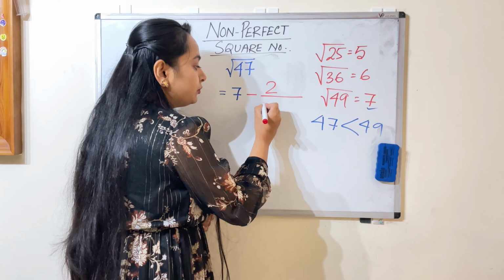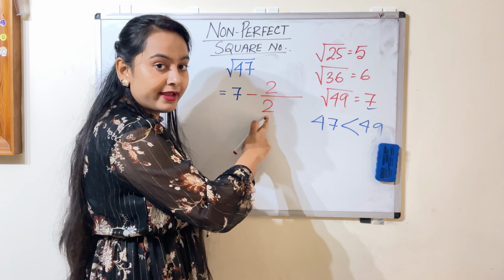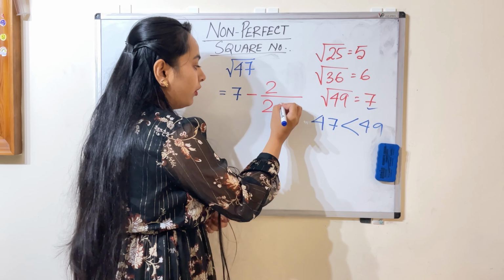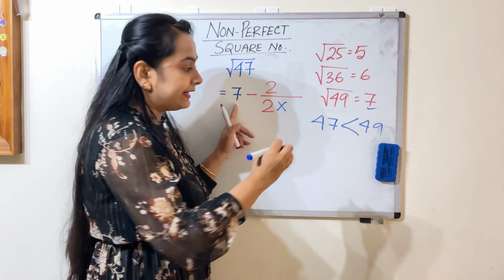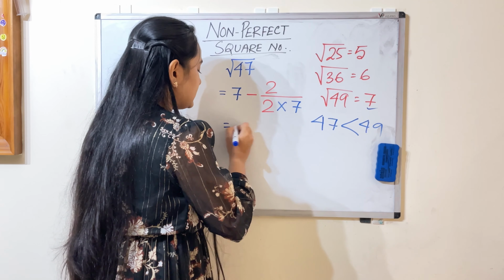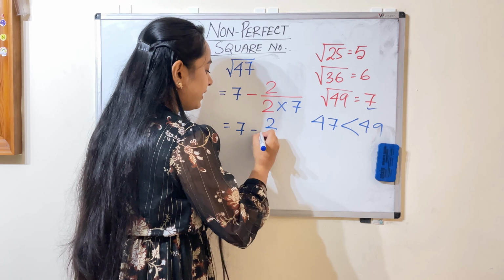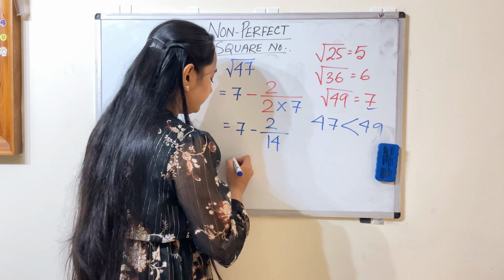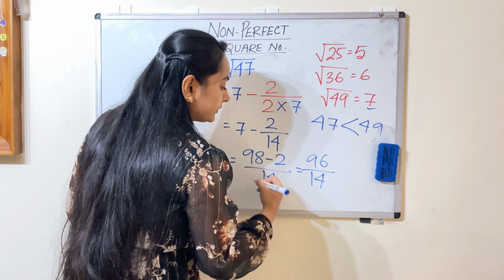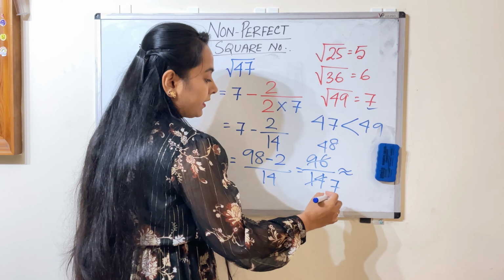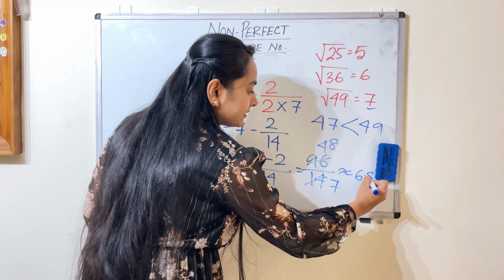And 2 is the fixed term over here, as I have already informed you all. Then multiply with that number that we have already written over here, 7. So 7 minus 2 by 14. It means 96 by 14. If we calculate this, we get 6.8, right?